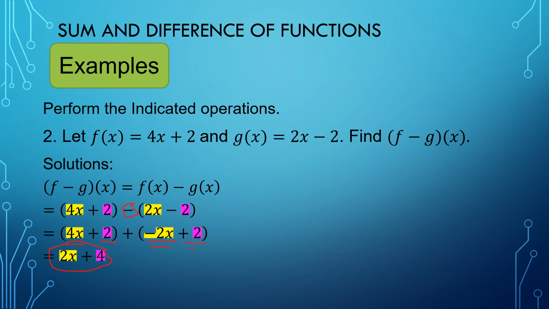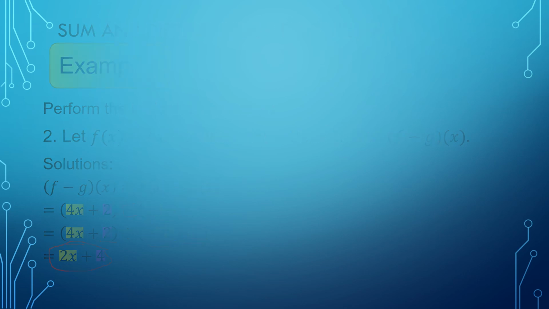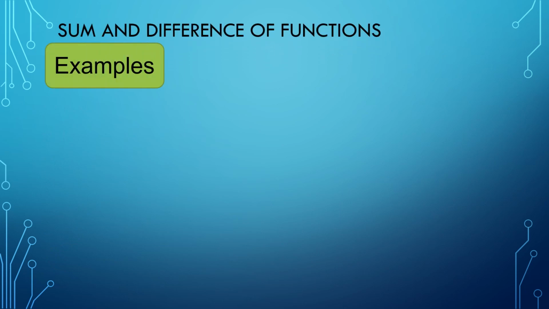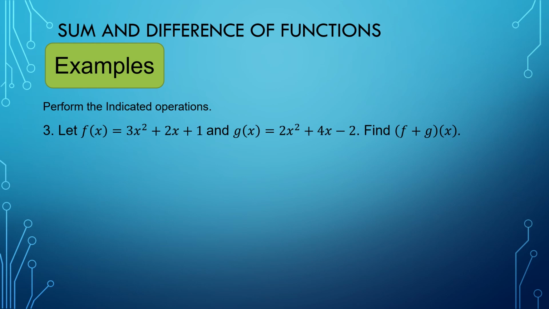Next, we have this one. So example number 3. Let f of x be equal to 3x squared plus 2x plus 1, and g of x be equal to 2x squared plus 4x minus 2. Find the quantity f plus g of x. So we have the solution.